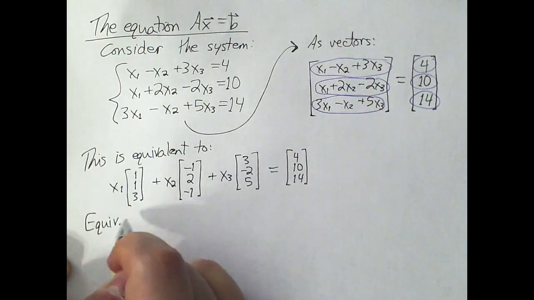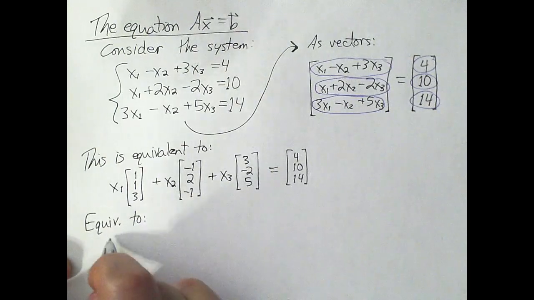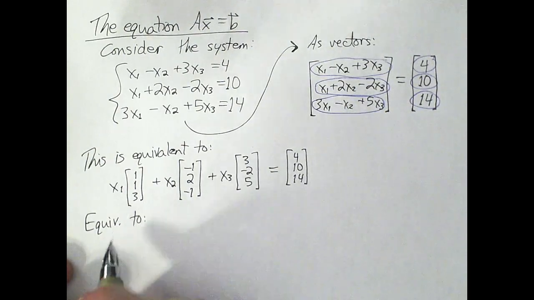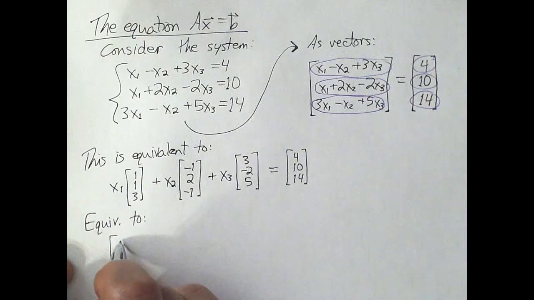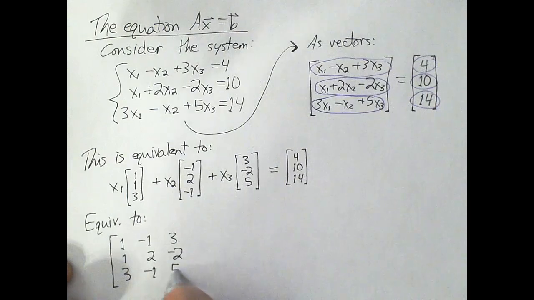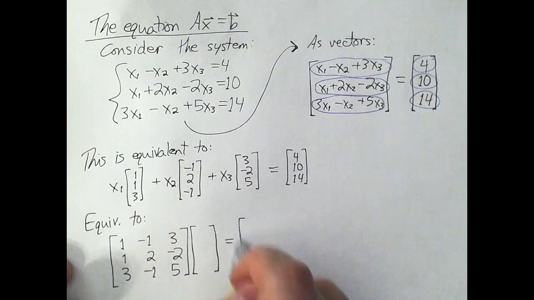Furthermore, this is equivalent to, according to what we said earlier about the definition of the product of A times X, a matrix with rows (1, -1, 3), (1, 2, -2), (3, -1, 5), times, here, let me write some of this.